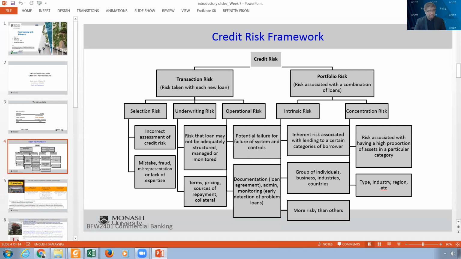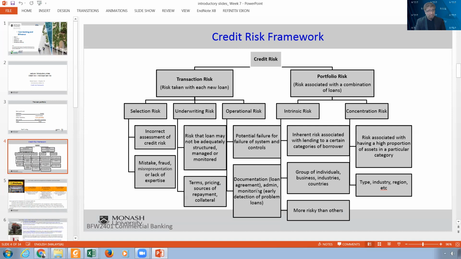Now, assuming the selection is okay, the contract is okay, the conditions are okay, but when you start living with this loan for the next 10 years, if it is a business loan, you don't maintain it. You don't go over it. You don't monitor. That will create something called operational risk. This is a potential failure of the system and the controls.